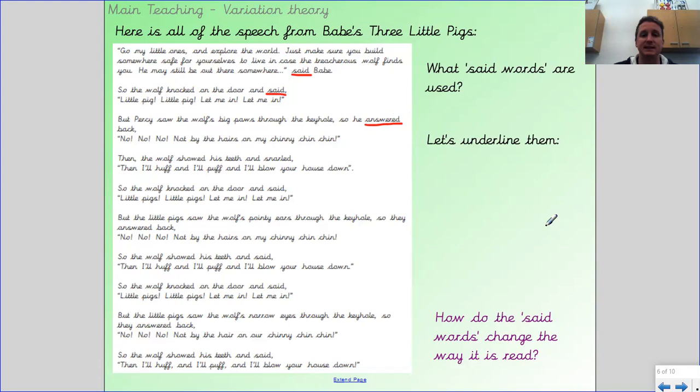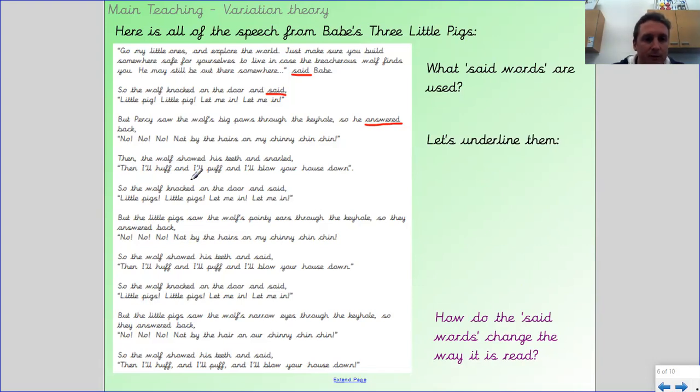He's answering back, he's saying something back, okay? So what I want you to do, the next one's quite a tricky one, all right, is go through all of this little bit here and underline any words that mean the word said, all right? Once you've done that, you can start looking at how the said words change the way in which we read it.